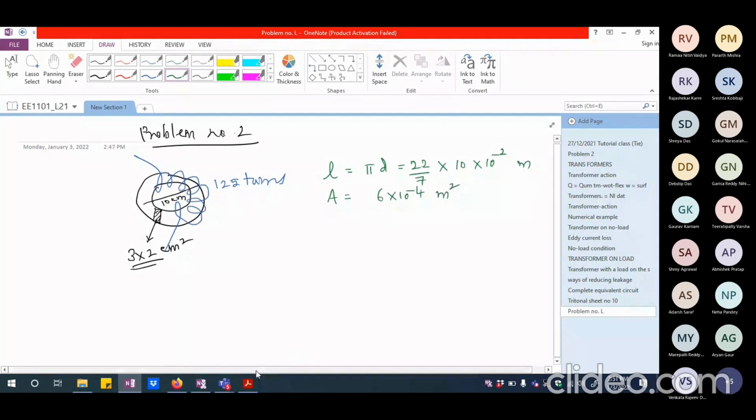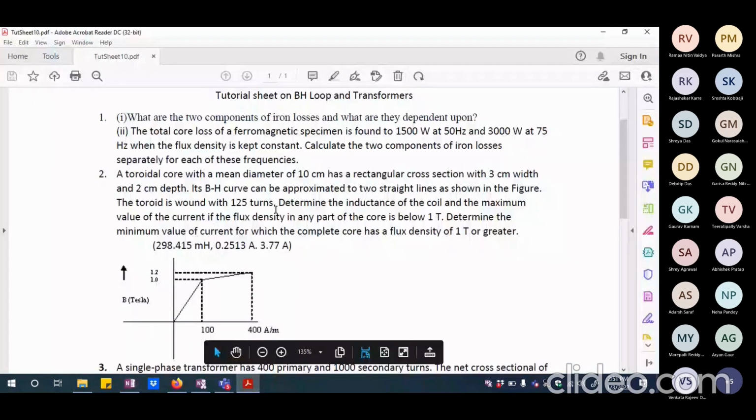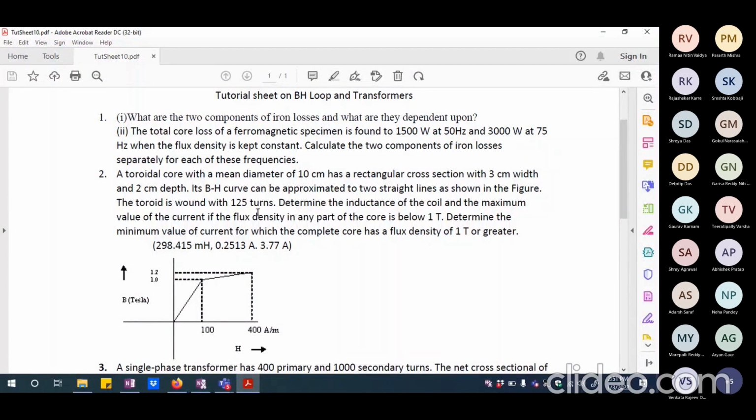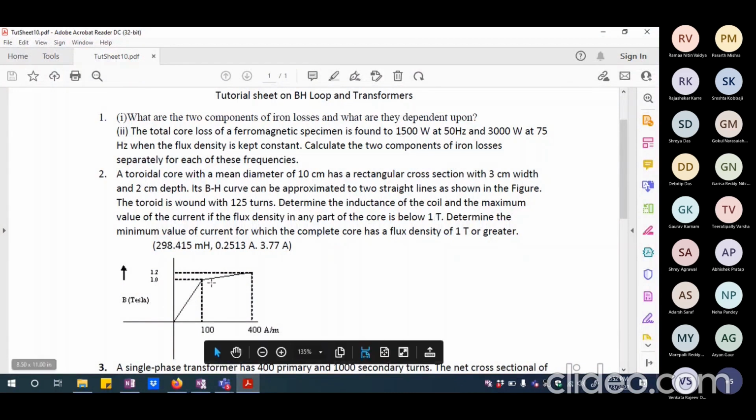Right. Now, let us look at this problem once again. It says determine the inductance of the coil and the maximum value of current if the flux density in any part of the core is below 1 Tesla. Whenever the flux density is below 1 Tesla, I am having essentially H as 100 ampere per meter.